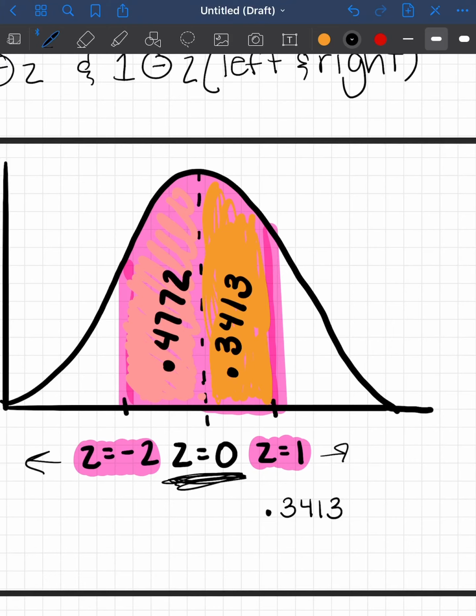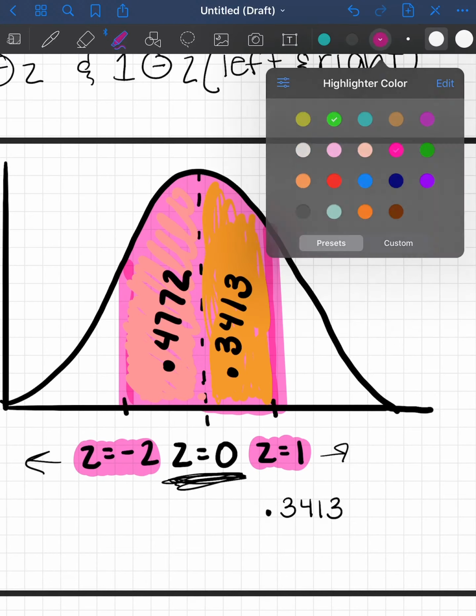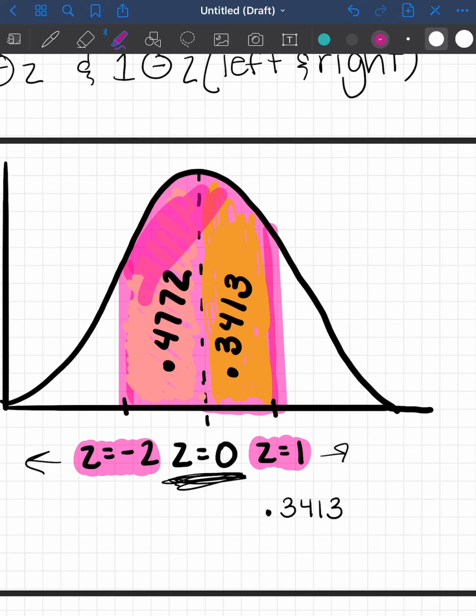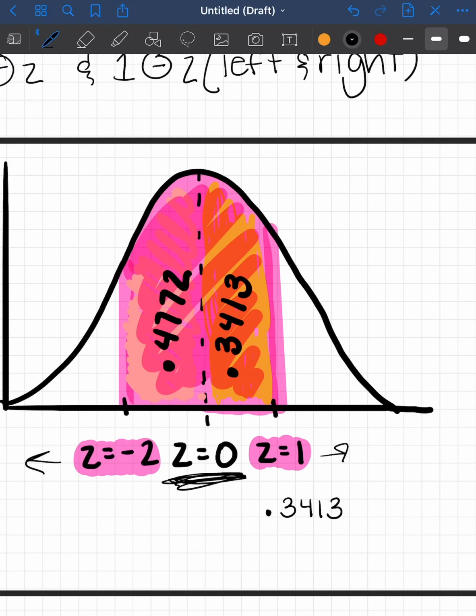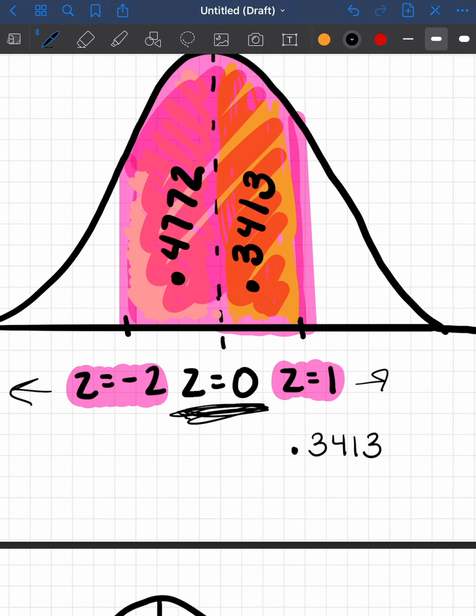So we have the area of 2 sections here, and our goal is to figure out what the area of this section as a whole would be. To do that, we're just going to do addition. So to find the area, we're going to do 0.3413 plus 0.4772.